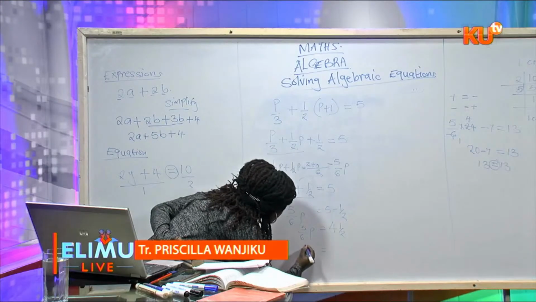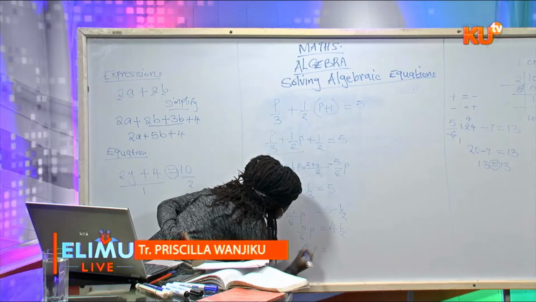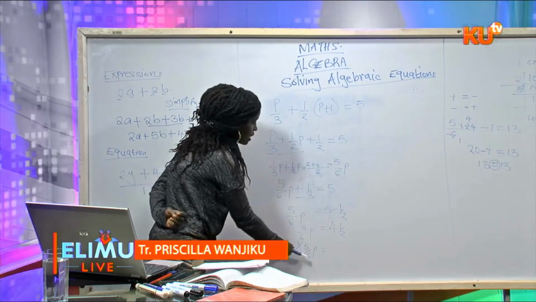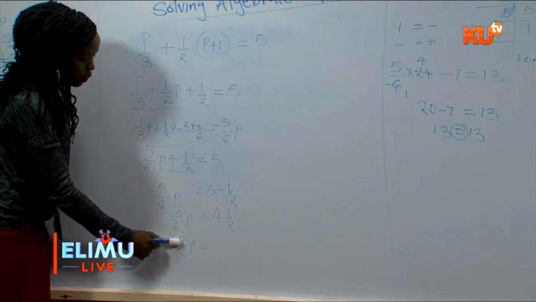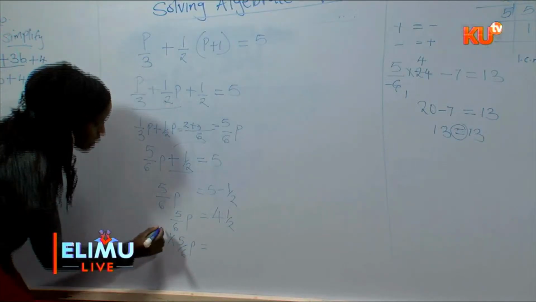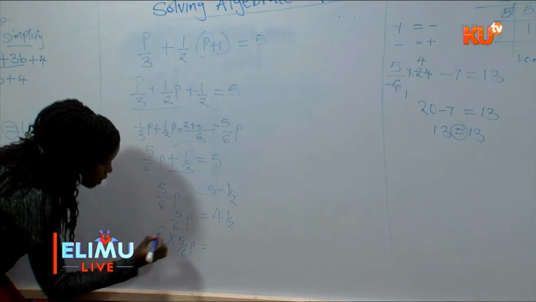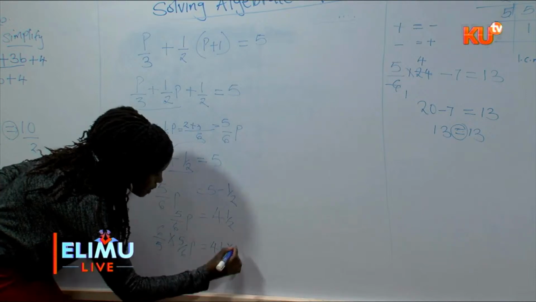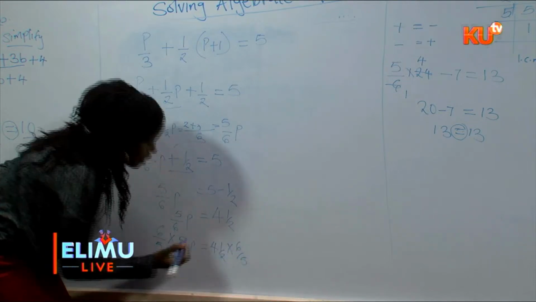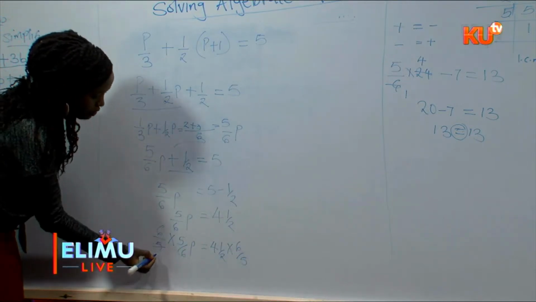So I get 5 over 6P, I multiply by the reciprocal. Because I want to remove this, I use the reciprocal of 5 over 6. I get 6 over 5. On the other side, 4 and a half times 6 over 5. By 5, 1.